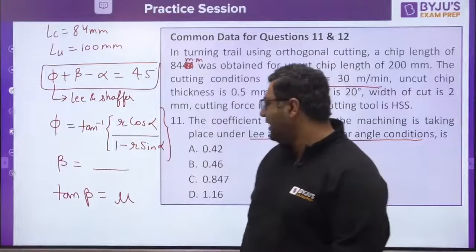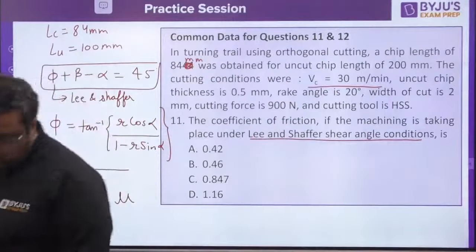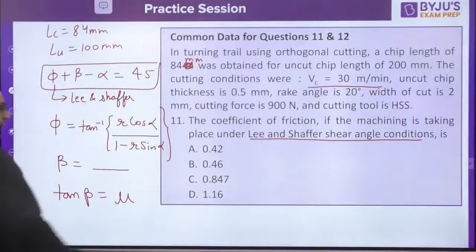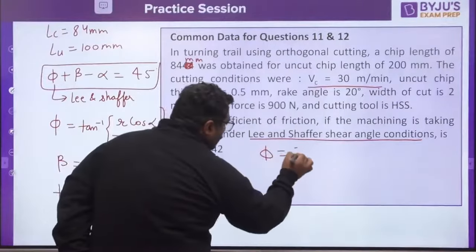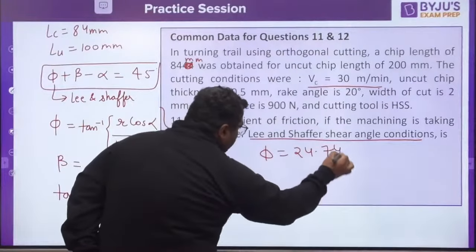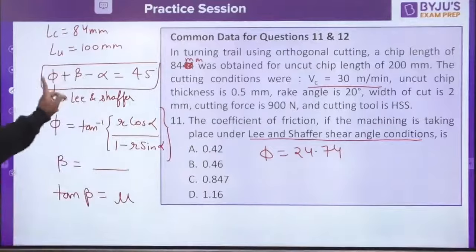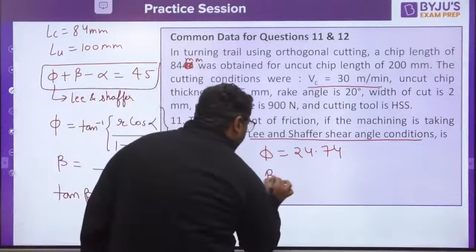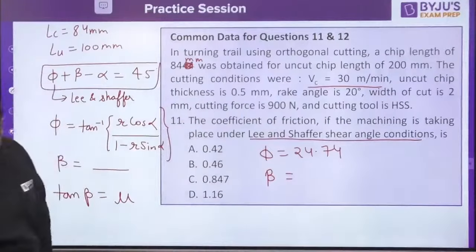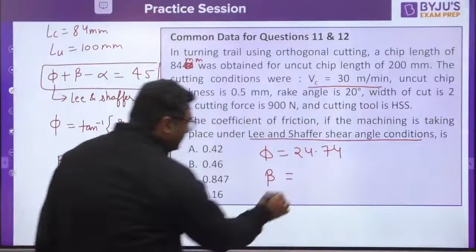Gaurav is saying phi is 24.74. Let me check. Very good. So you are getting phi 24.74. That is correct. Putting the phi value here, you will get the beta value as 40.26.